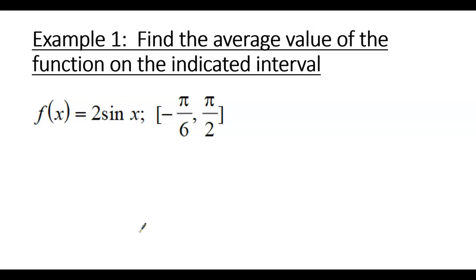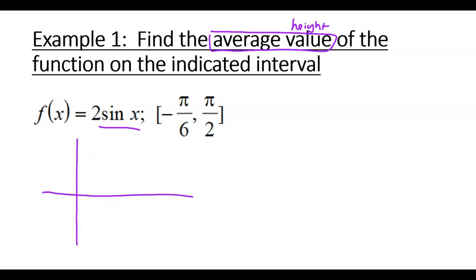So example 1 says find the average value of the function on the indicated interval. In other words, now I want you guys to remember, what is an average value? It's an average height. Okay? So when you're dealing with a sine function, you know, it looks like this. You don't have to draw this, I'm just drawing a picture right now, so you don't need to put this on your notes.